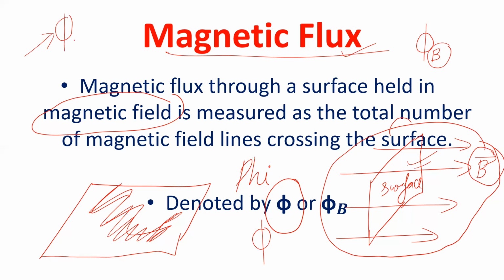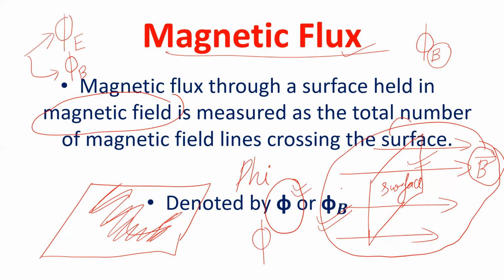For electric flux, we usually use phi with a subscript E, and for magnetic flux, we use the phi symbol with the subscript B. So to be very specific, we'll use phi B, or we can have phi alone, because it will be understood from the situation or the problem which type of field we are dealing with. If we are dealing with a magnetic field, we'll be calculating the magnetic flux.